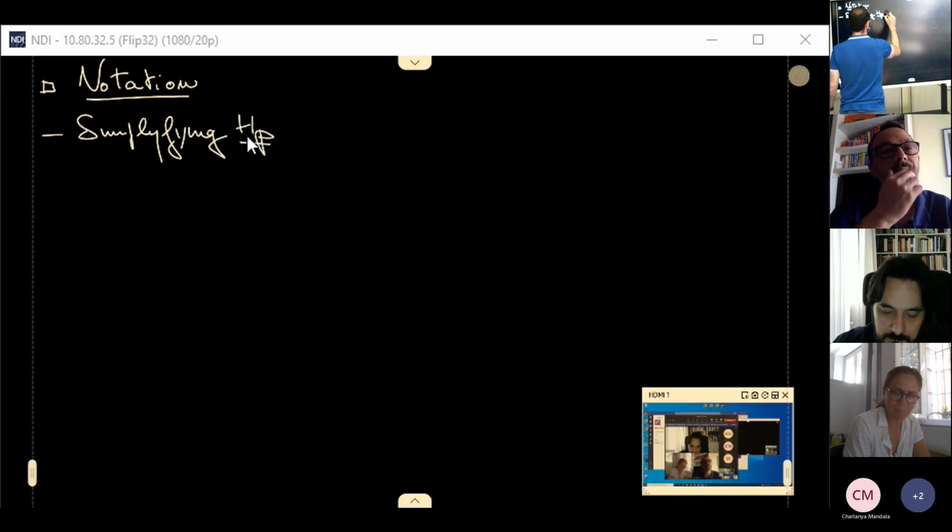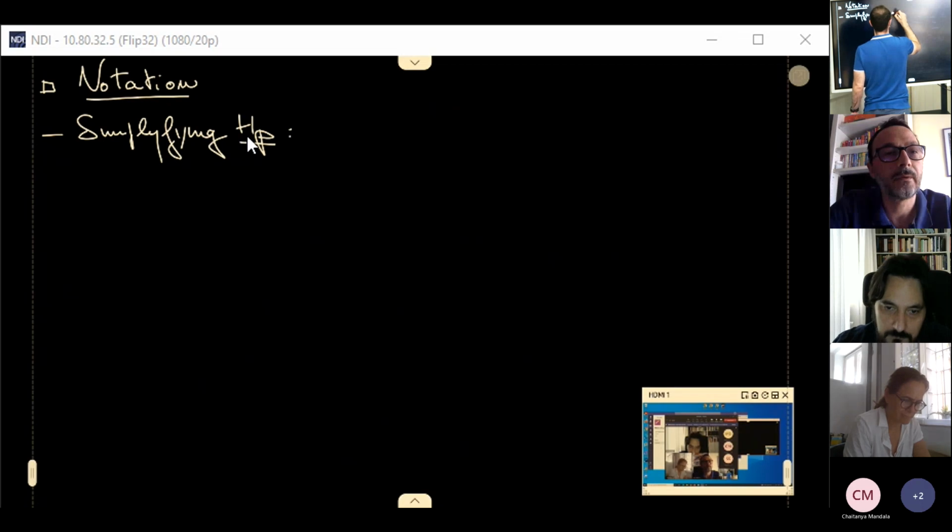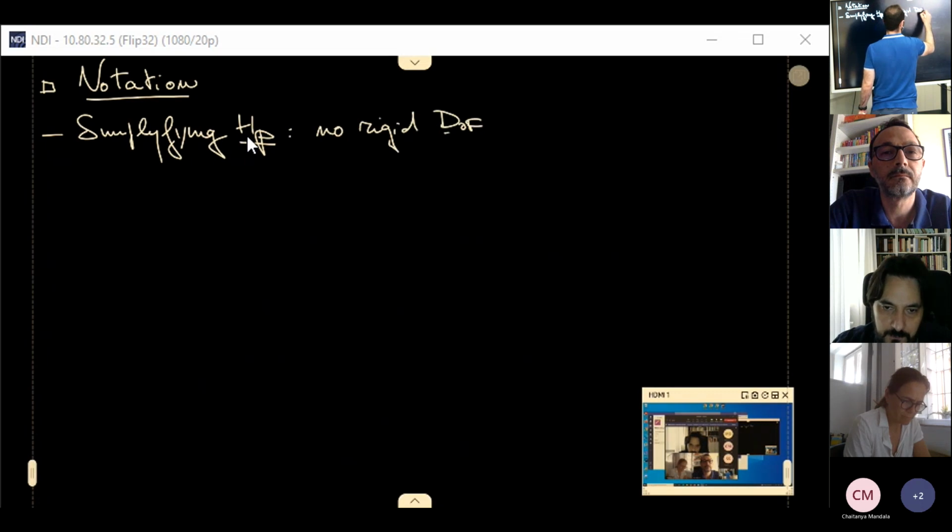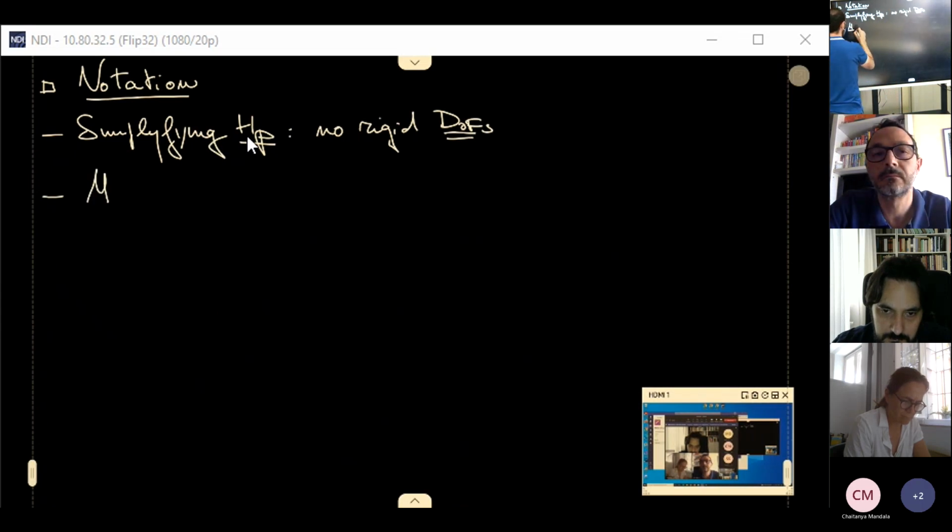Simplifying hypothesis: no rigid degrees of freedom. As a consequence, our MFF, which is the structural mass matrix, we will denote it just as M.